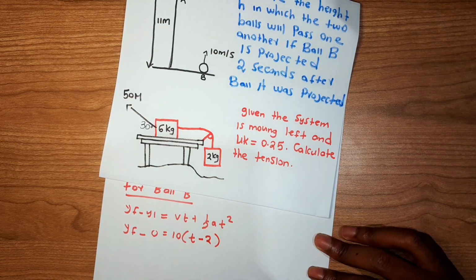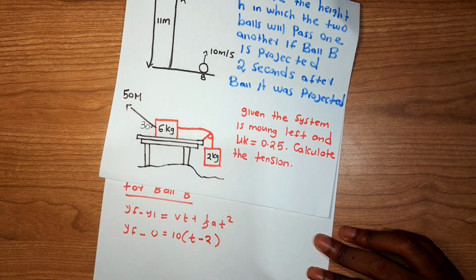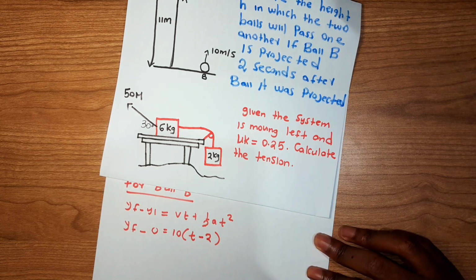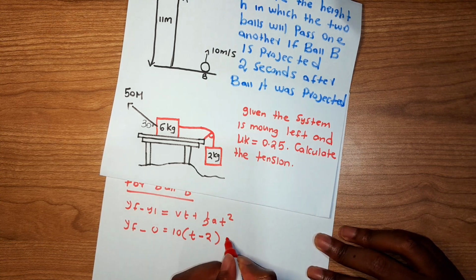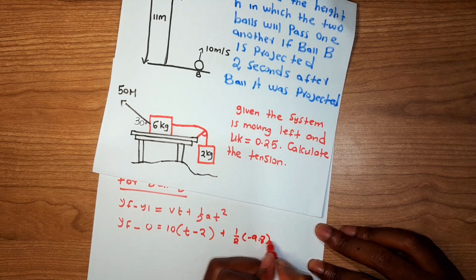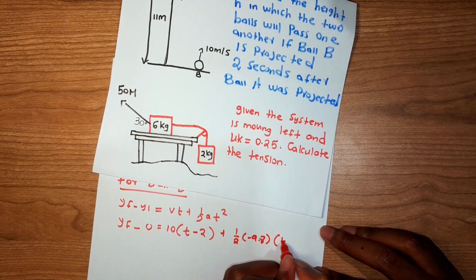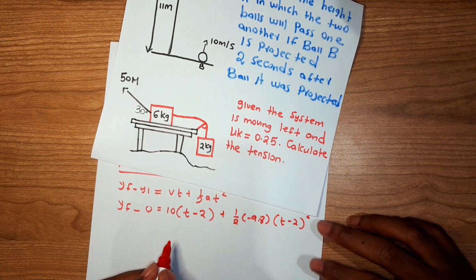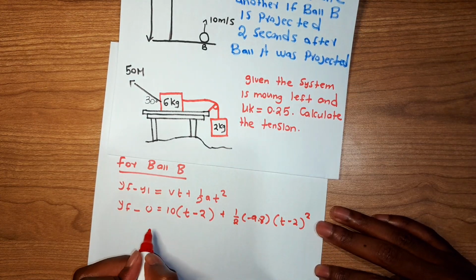If you don't understand why, just do it, right? So you're going to say t minus 2. If it was 10 seconds, t minus 10. For 20 seconds it is t minus 20, okay? Plus 1 over 2 times minus 9.8, and the time is still t minus 2, and then I square it, right?